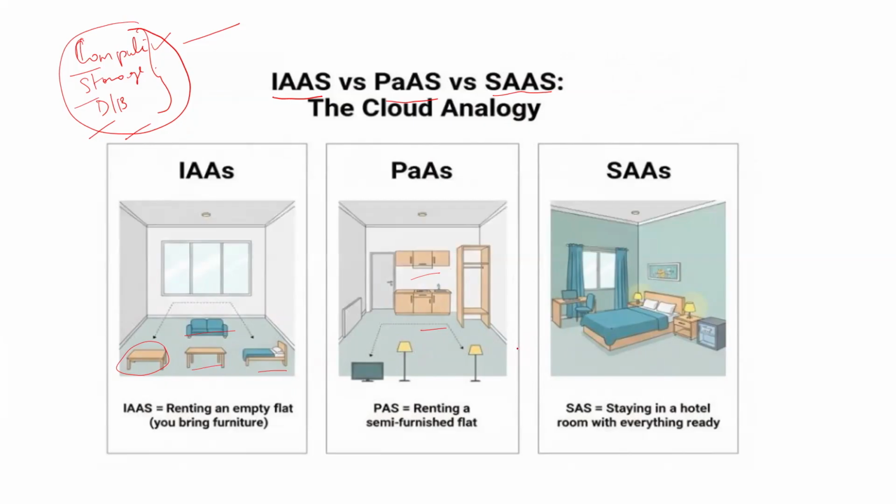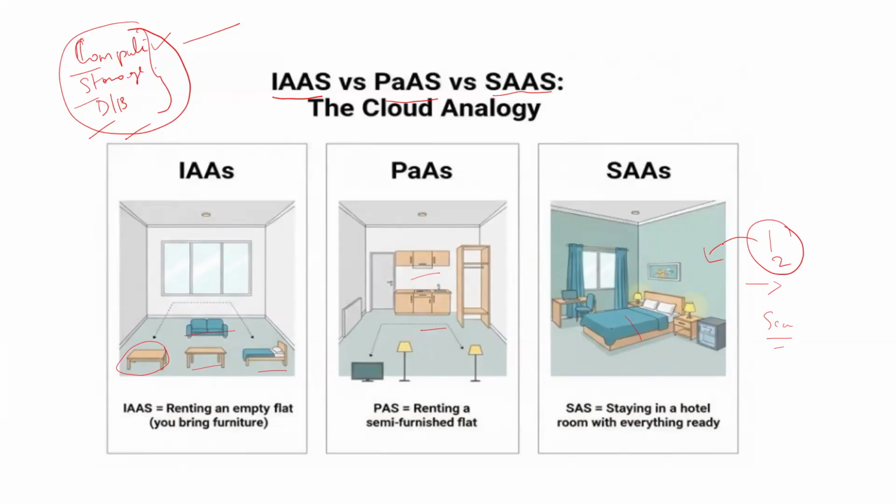If you go for a hotel room, it is already furnished with all the furniture, bed, light, everything is there. Security is also there, so you're not paying separately for the security. It is inbuilt. You pay only for the number of days you stay, maybe 1 day or 2 days. It's like ready-made.